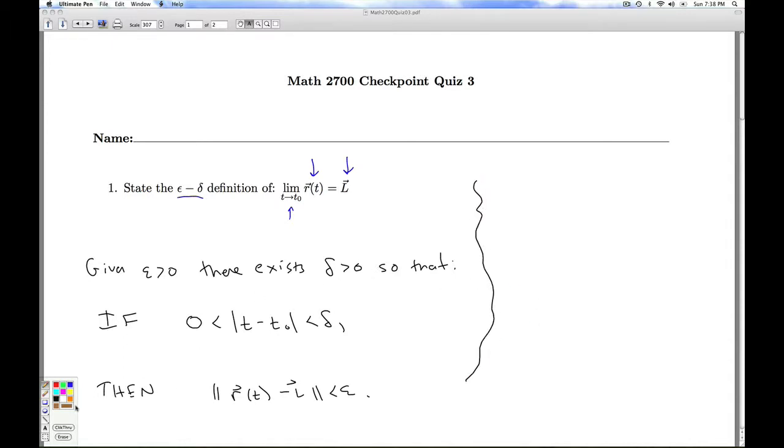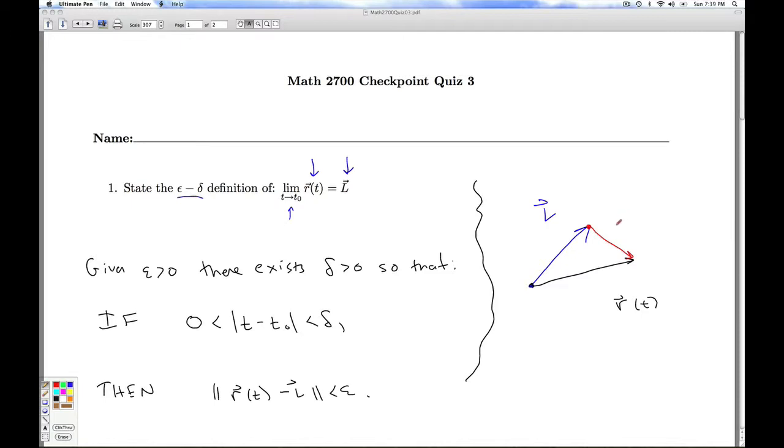So if we want to think about this, let's say L is our target vector, and we've got r of t. Then the difference, r of t minus L, is going to be this vector here, the vector that starts at the terminal point of L and goes to the terminal point of r of t.